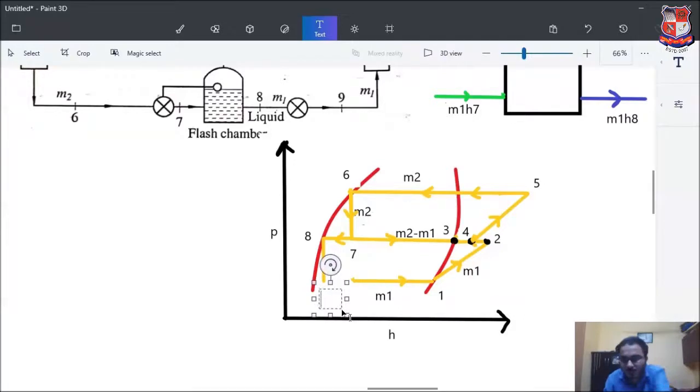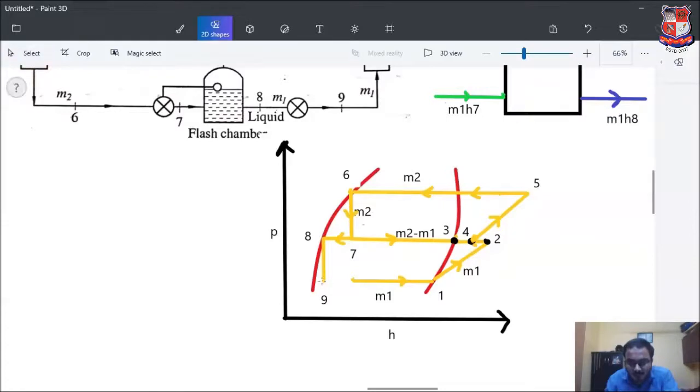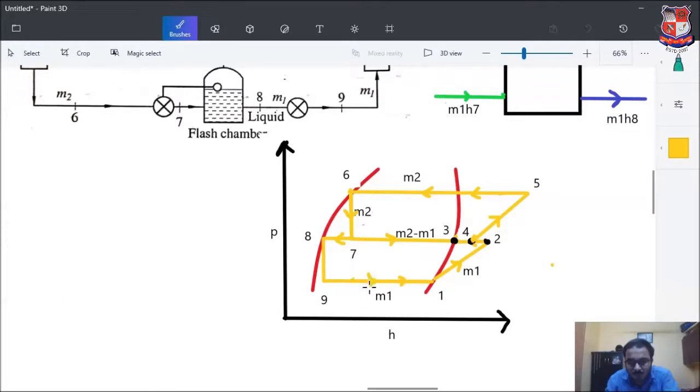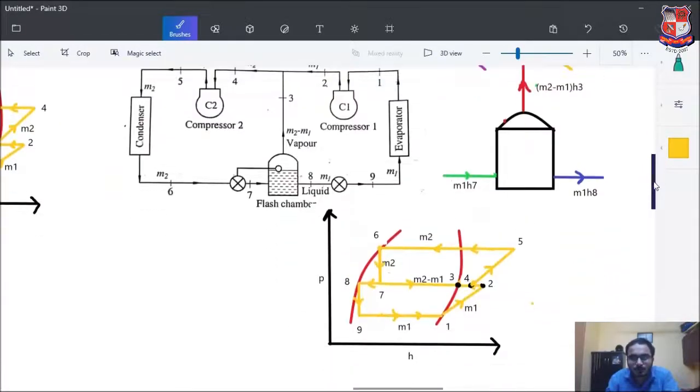So this will be our point number 9, and from 9 we are continuing here. Okay, so this is the end of our pH diagram. So I hope that you have understood this figure very well, and now we can copy this.